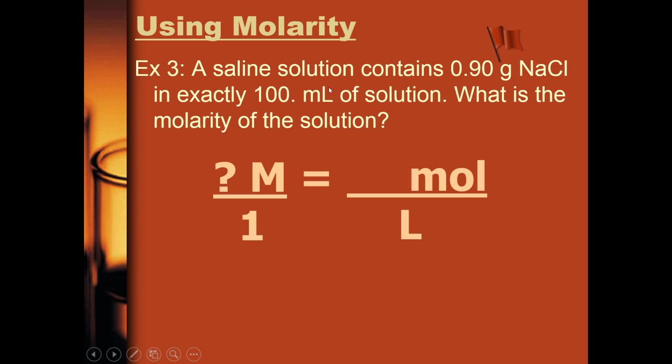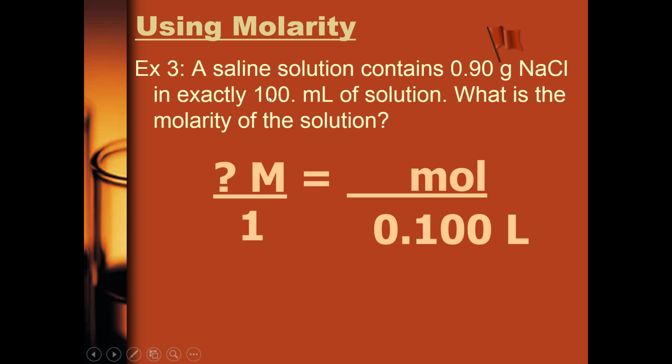If you want to circle that milliliters, you can, but that basically tells us we need to convert it into liters by moving our decimal place over 3 times, 1, 2, 3 times, and converting milliliters into liters would look like this. We took our 100 and moved our decimal over 1, 2, 3 times.